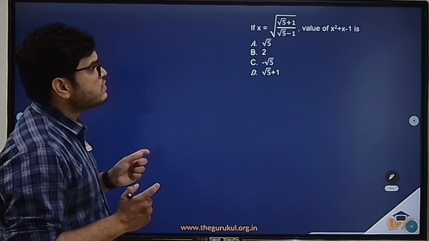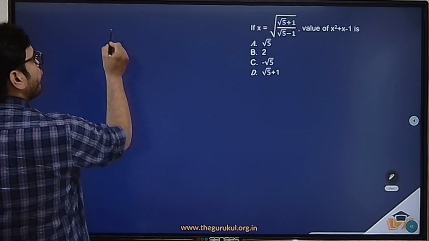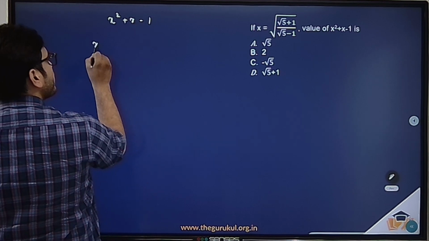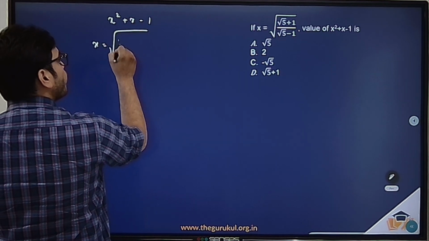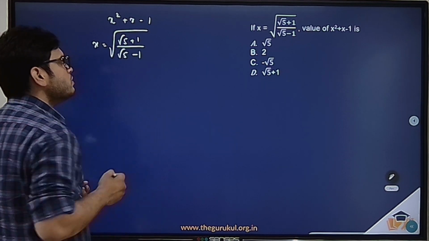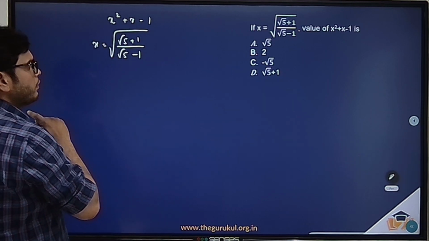Now, given that x is equal to (root 5 plus 1) by (root 5 minus 1), we are asked to find the value of x square plus x minus 1. So first let's rationalize the denominator, right?